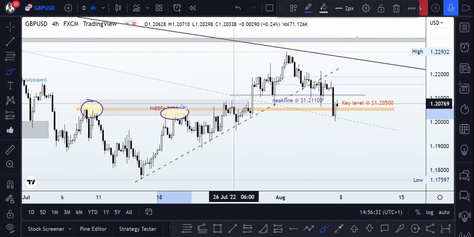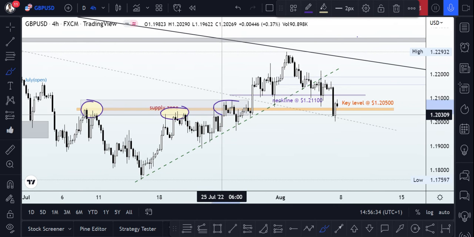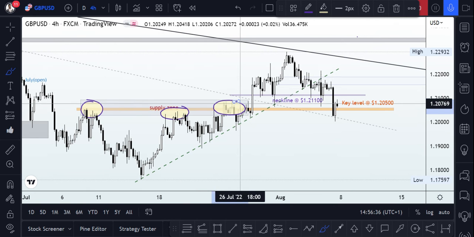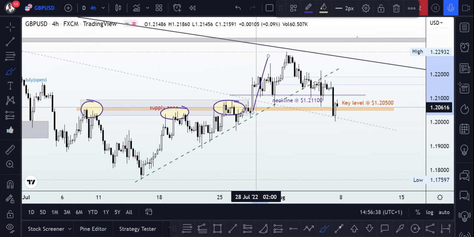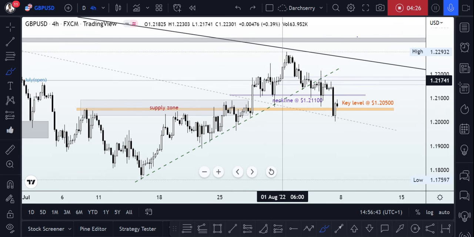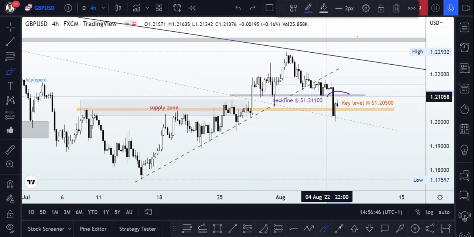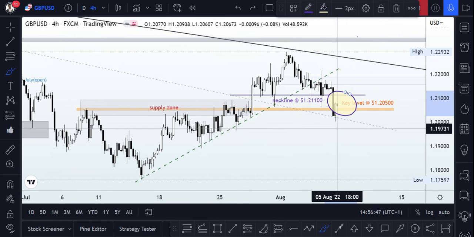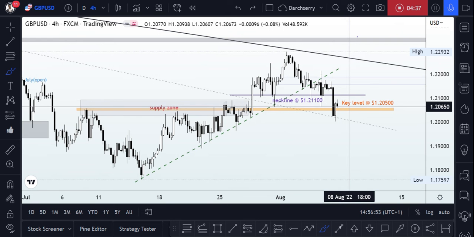And then during the later part of July, we saw multiple rejections of that level by the sellers before that bullish engulfing candle took price out of that structure. Right now, price is back within that zone, and I'm of the opinion that this level is a selling niche for participants in this market, as I want to be looking out for structures around this area to take advantage of a bearish momentum in the new week.